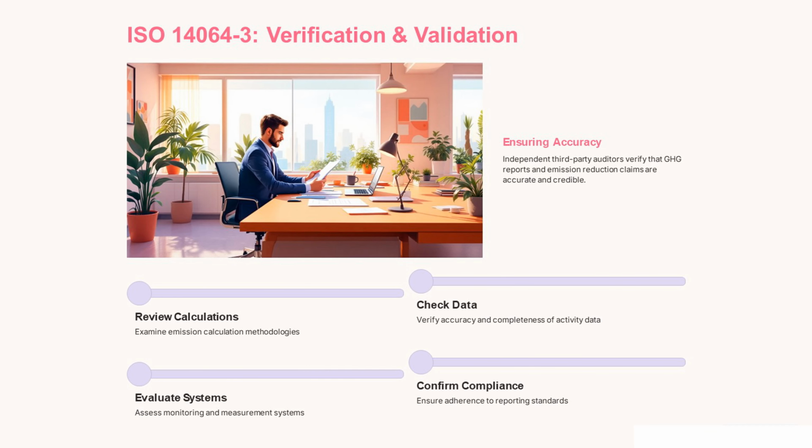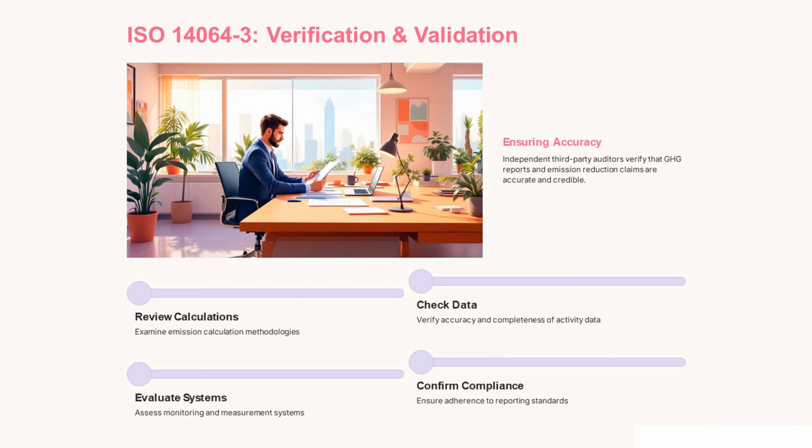Then ISO 14064-3, Verification and Validation. The third part of the standard, ISO 14064 Part 3, focuses on verification and validation. Verification ensures that the greenhouse gas reports and emission reduction claims are accurate and credible. This process is usually conducted by independent third-party auditors.